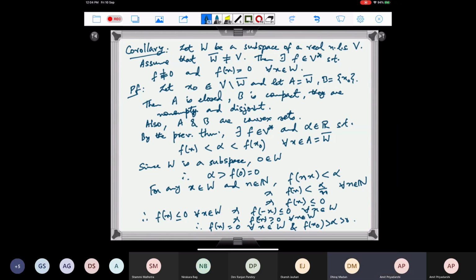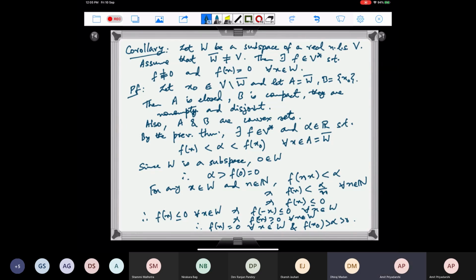No, see the previous one, you can say that if you have any bounded linear functional on a subspace, then you can extend it to the whole thing, right? The previous version of this separation theorem only says that you have an open set and an arbitrary disjoint convex set.